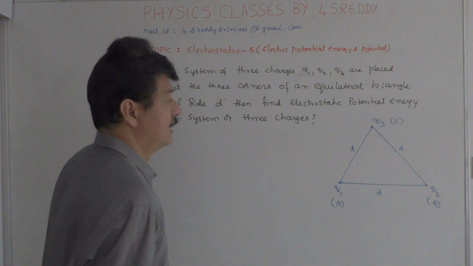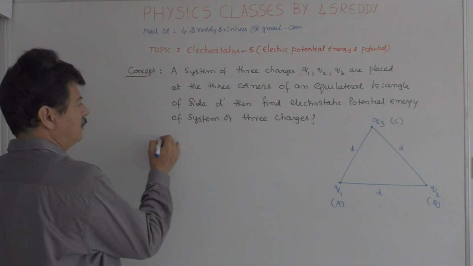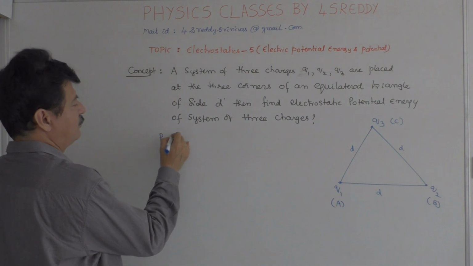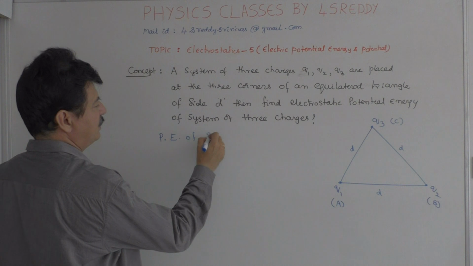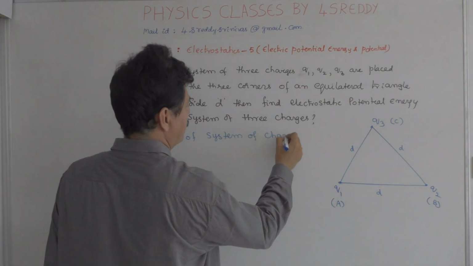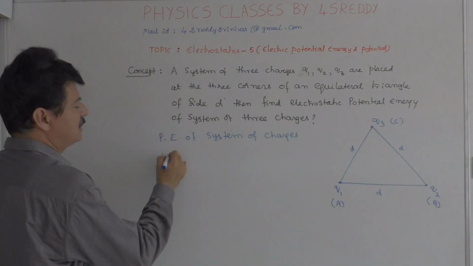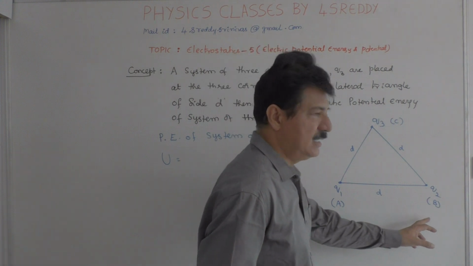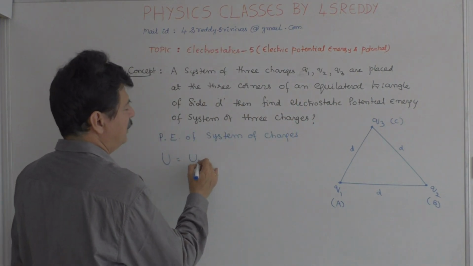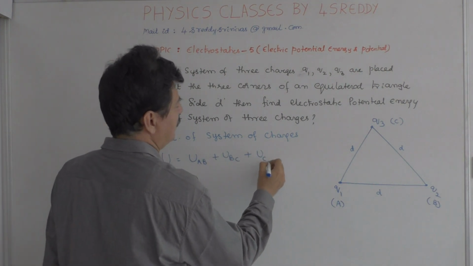Very simple. What you can write here is the potential energy of the system of charges, or the interaction energy between two charges. That is, U is given by the interaction energy between these pairs: UAB plus UBC plus UCA.